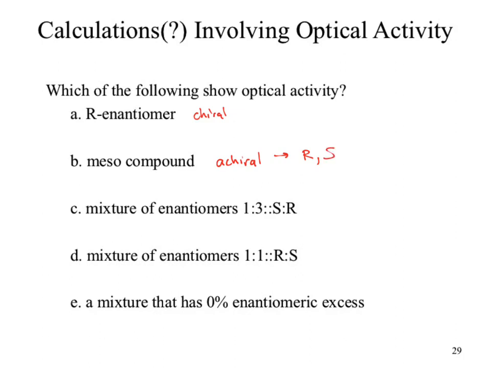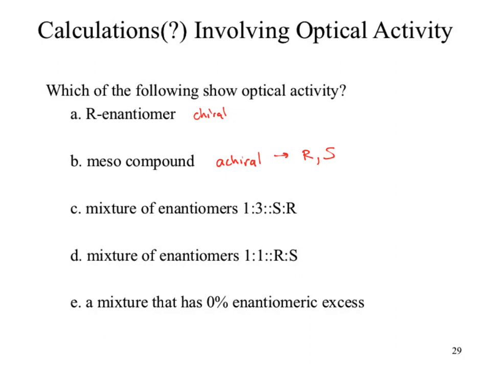S. So what happens when our light comes through and hits the R? It rotates. Wouldn't that mean it's optically active? It continues to pass through the sample until it hits the S, and because the S is the complete opposite of the R, the light rotates back. The net result being zero rotation. So a meso compound is not optically active.